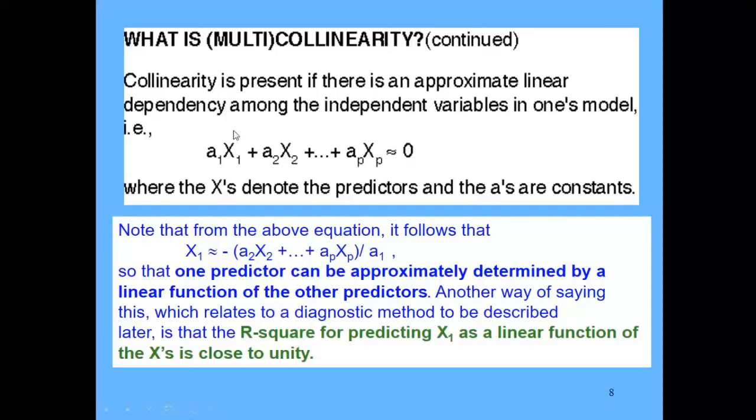If you look at any one variable as related to all of the other variables together, then you might expect R squares to be close to 1. That involves a lot of R squares: x1 versus the others, x2 versus the others, and so on.